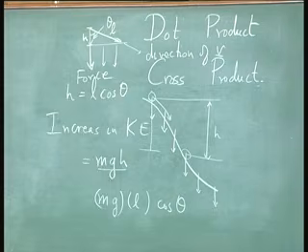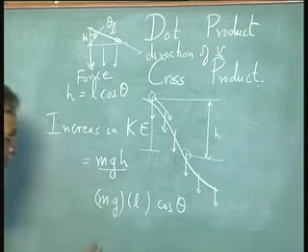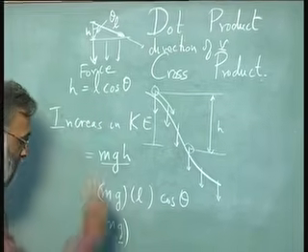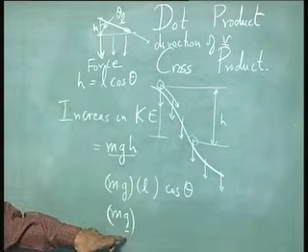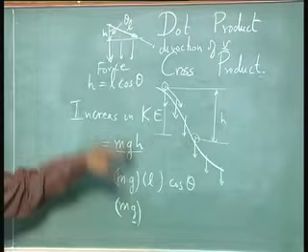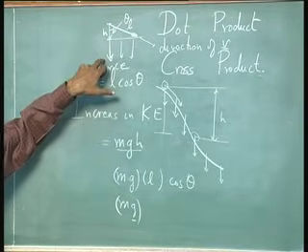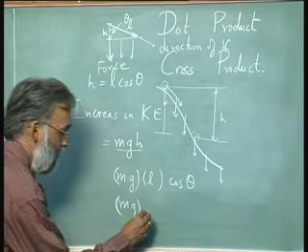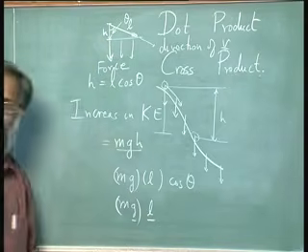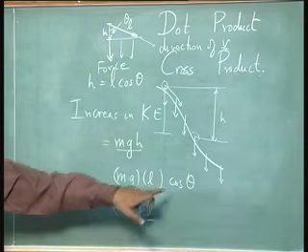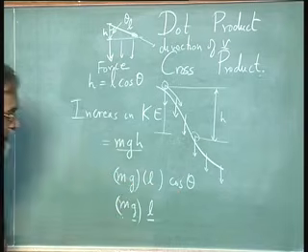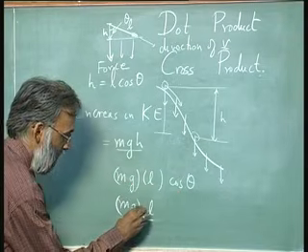In vector notation, the same idea can be written down. The idea is you have the vector mg. I have put a line underneath the g to indicate it is now a vector. This L can be given a direction as well, L, and then there is this cos theta, and we take care of the cos theta by putting a dot.